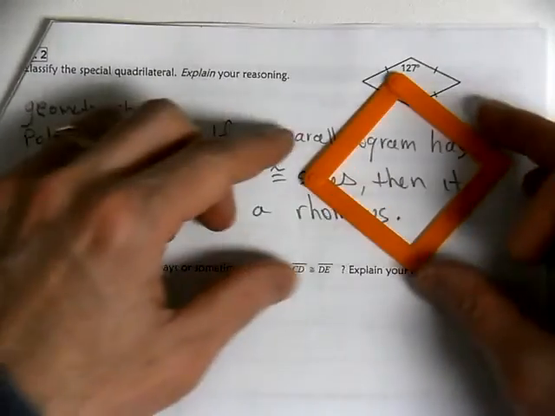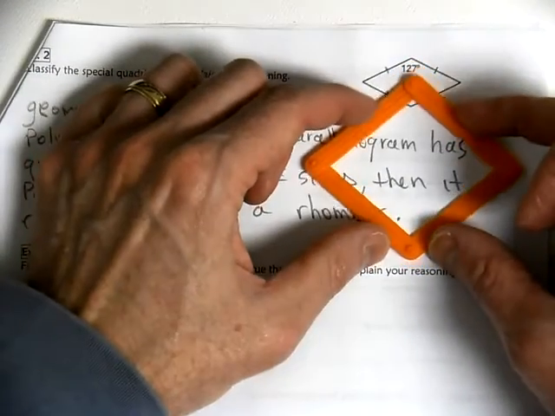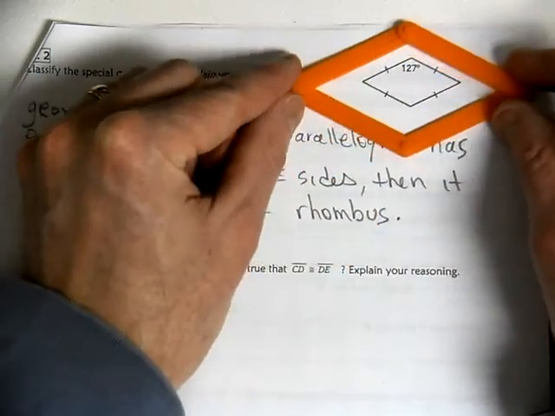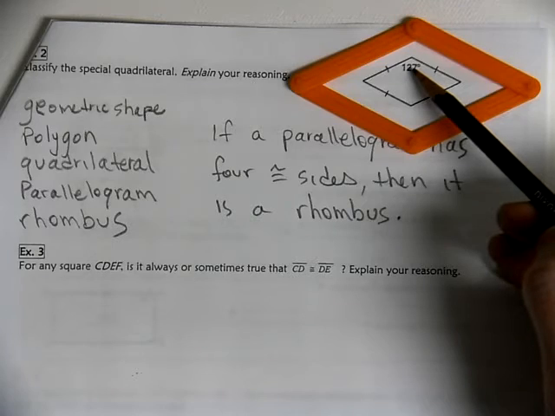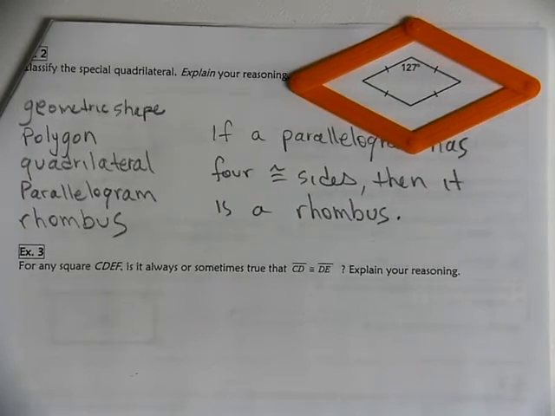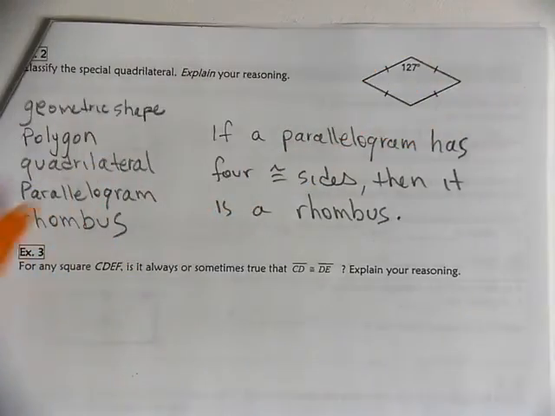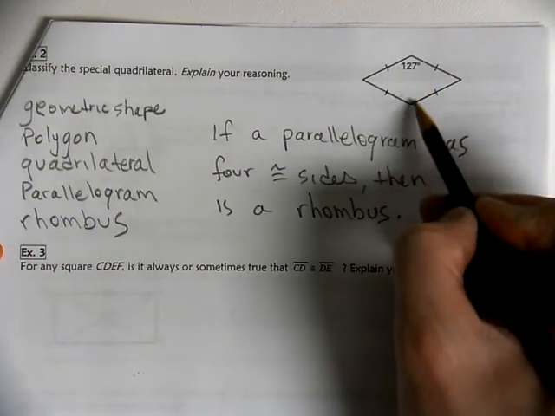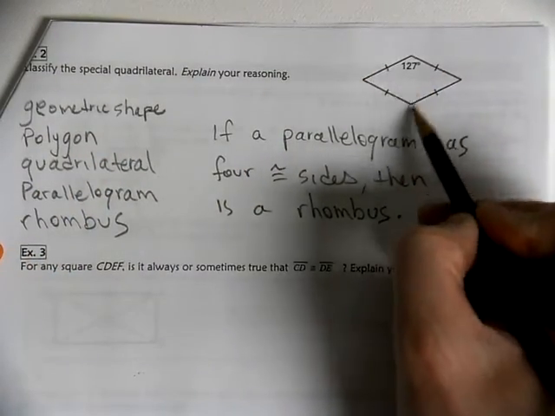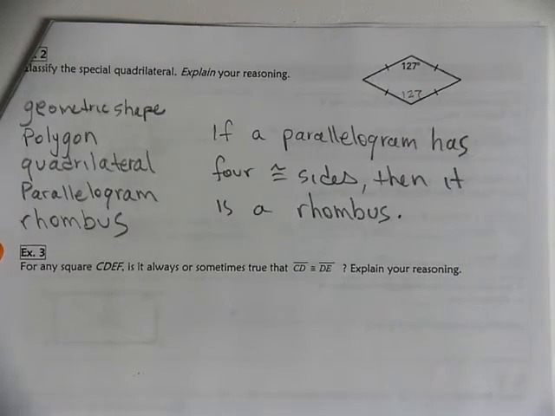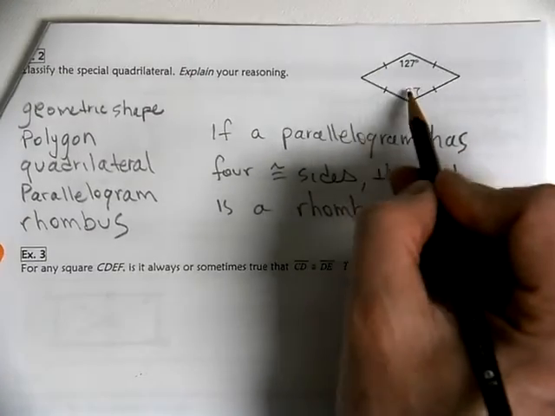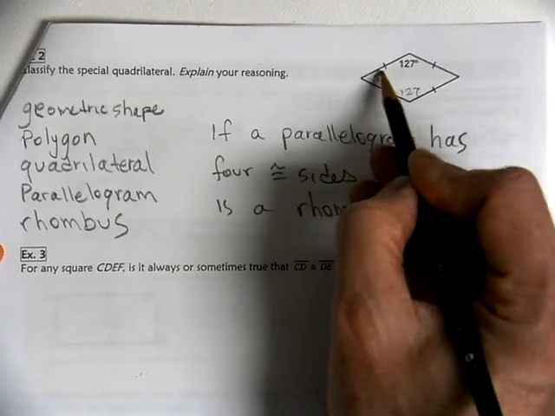Okay? We know this is not a square because one of the angles is 127. So we know this is not a square. We know that opposite angles are congruent. So this would be 127 if we cared to know that. Or consecutive angles are going to be supplementary.